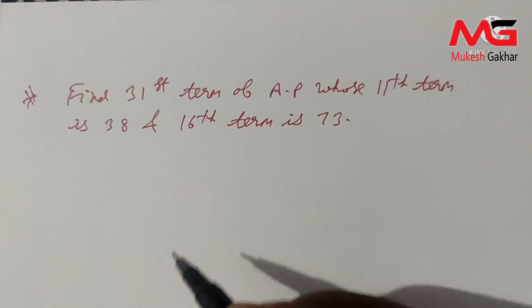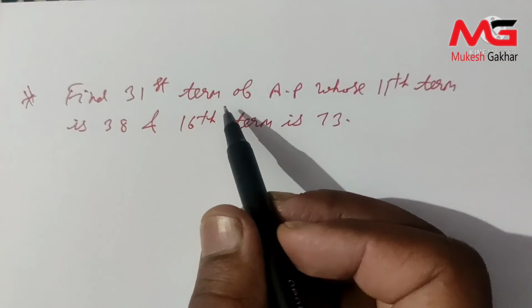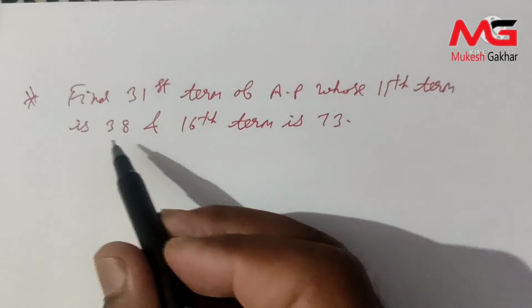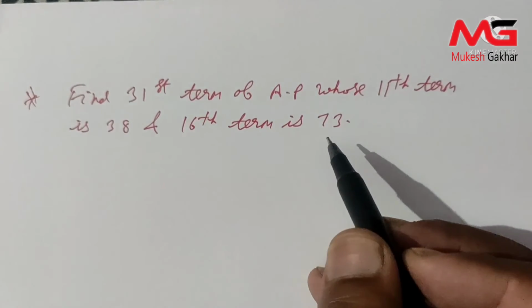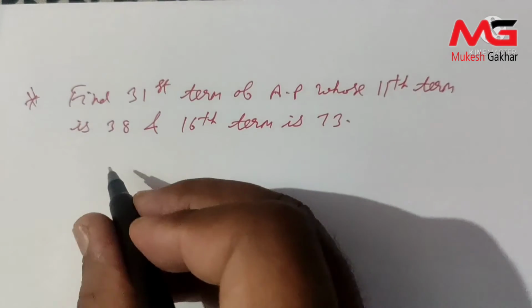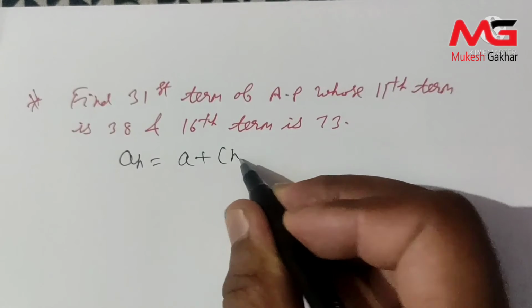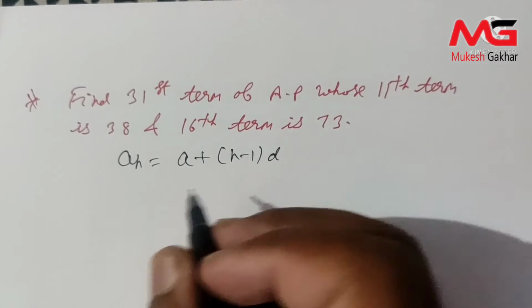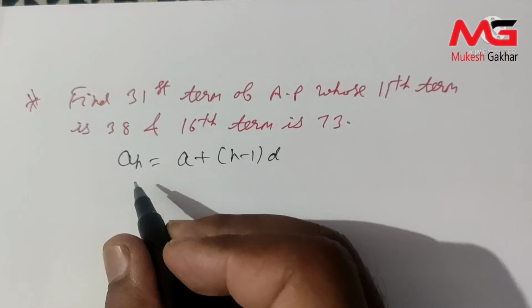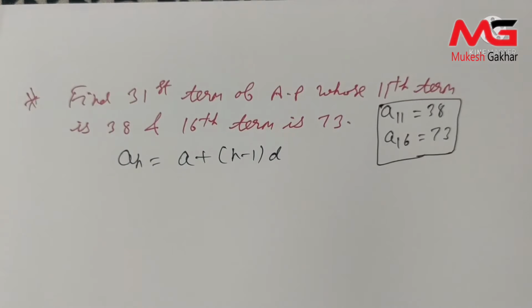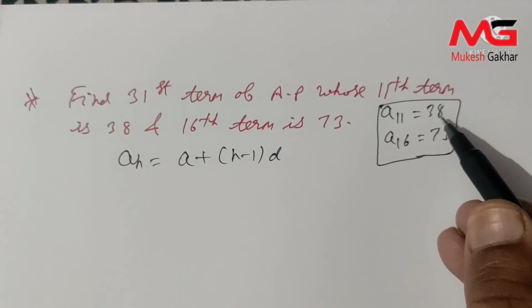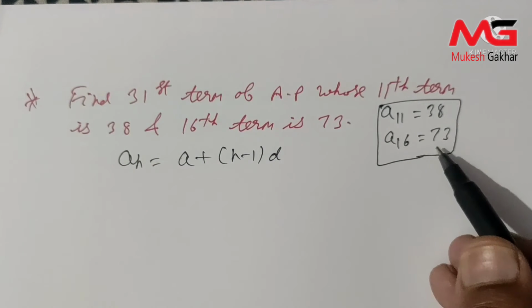Now next question is find the 31st term of an AP whose 11th term is 38 and 16th term is 73. We will apply this formula: an is equal to a plus n minus 1 into d. So what is the value of an? A11 is 38 given and A16 is 73 given.